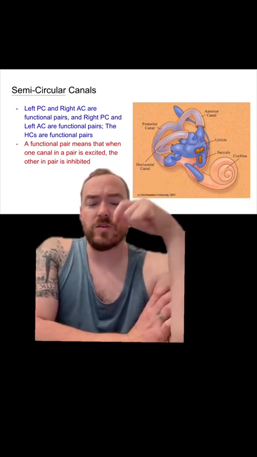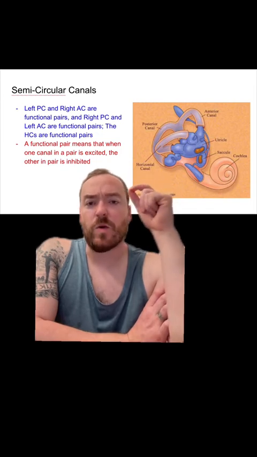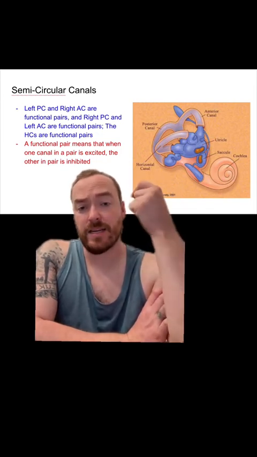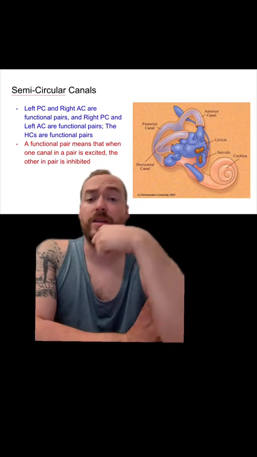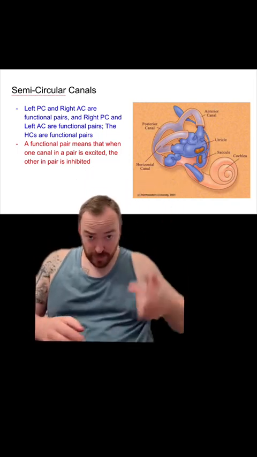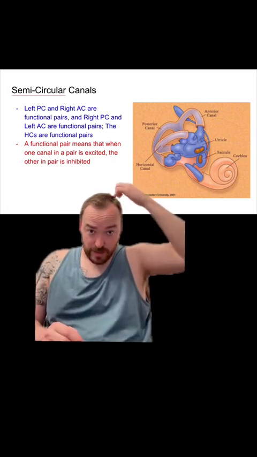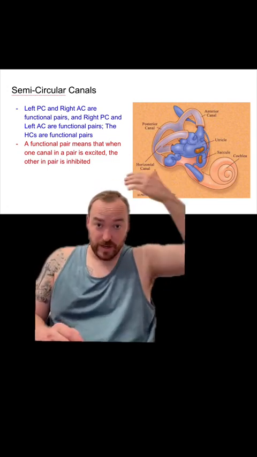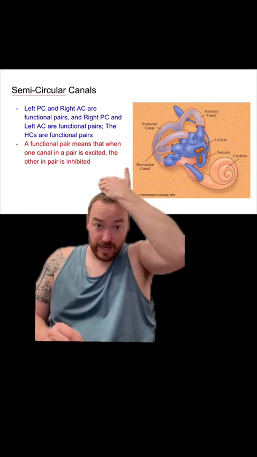Essentially, what a functional pair means is that when one canal in the pair is excited or receives an excitatory response, the other one is inhibited. And so if you took my head and you drew an X, that would essentially split up the planes.